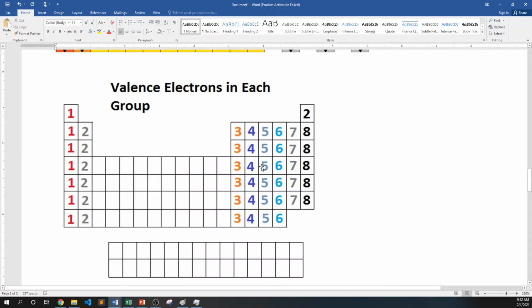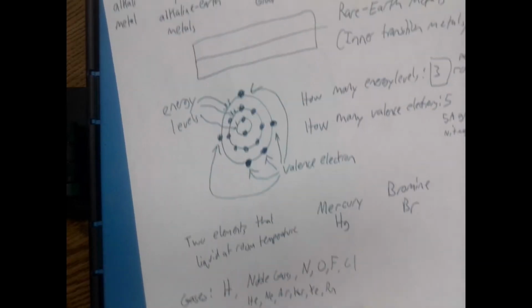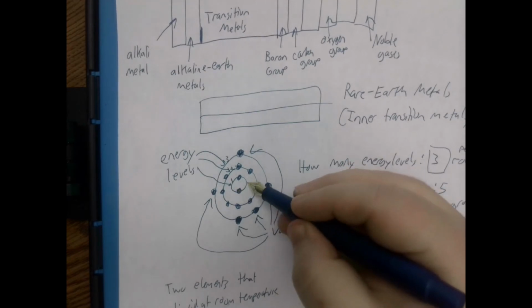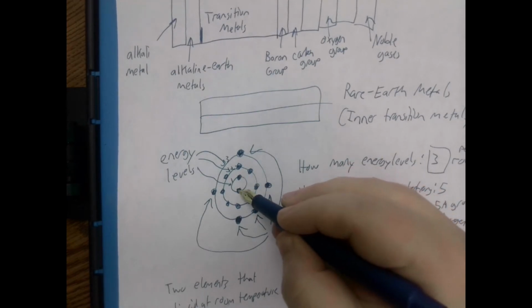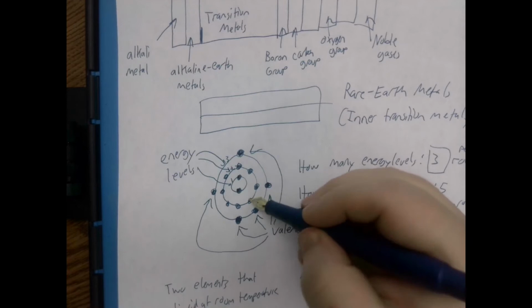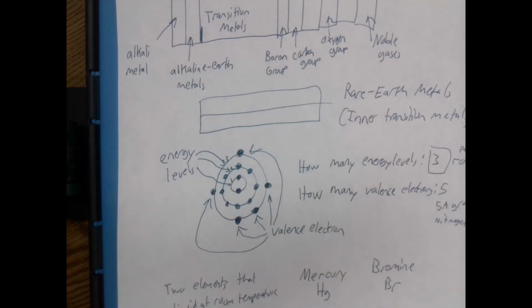Everything in the nitrogen group has 5. Everything in the oxygen group has 6. All the halogens have 7. All the noble gases have 8 except for helium. If we go back to the drawing I had, you'll notice that this first energy level only has 2. This one has 8, and this one, the outer one, can vary.